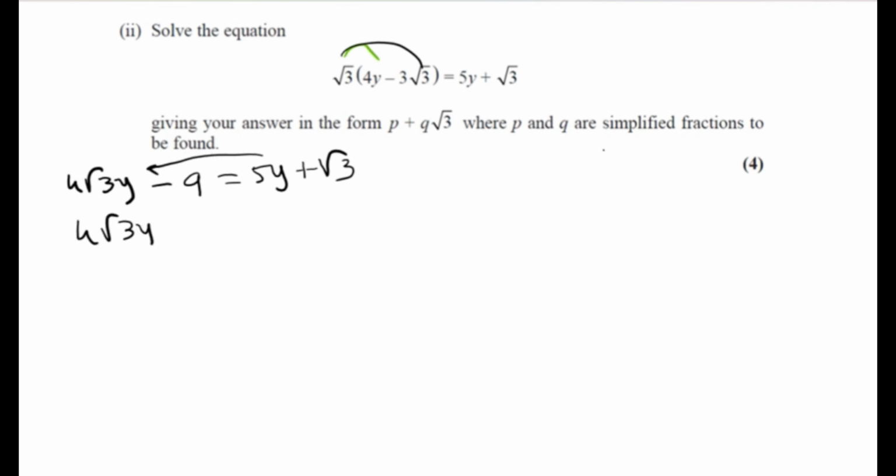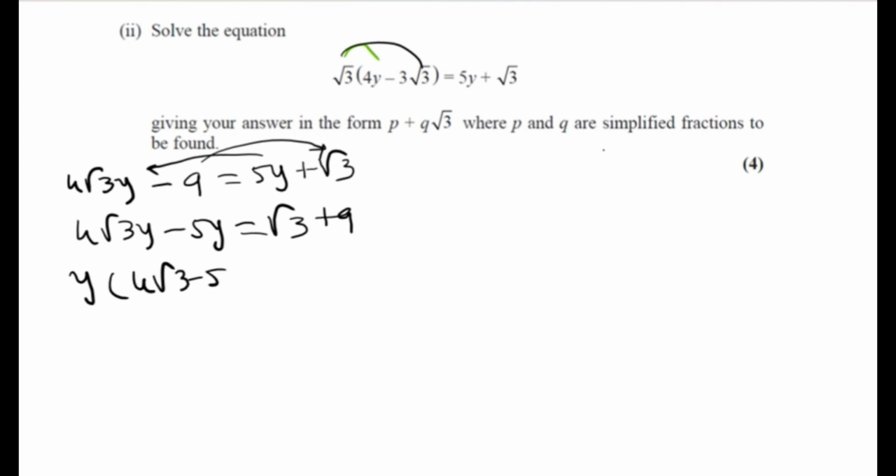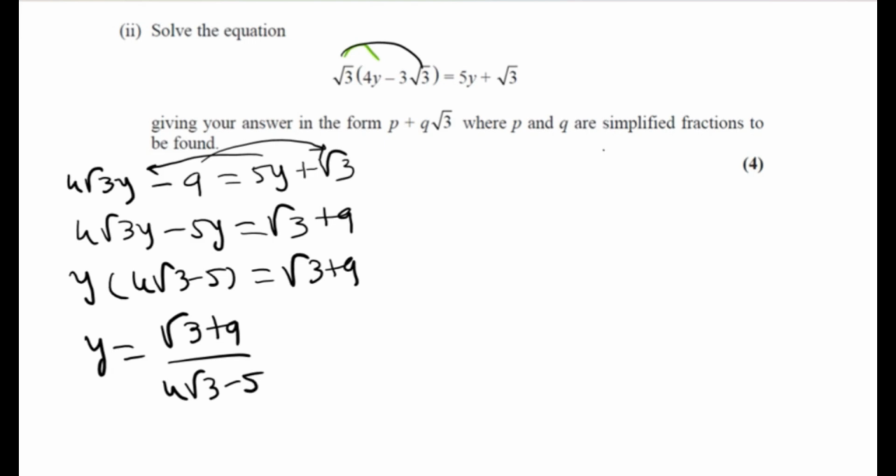So 4 root 3y minus 5y is equal to root 3, minus 9 will move this side, will give me plus 9. y is common. 4 root 3 minus 5 is equal to root 3 plus 9. So y is equal to root 3 plus 9 over 4 root 3 minus 5.